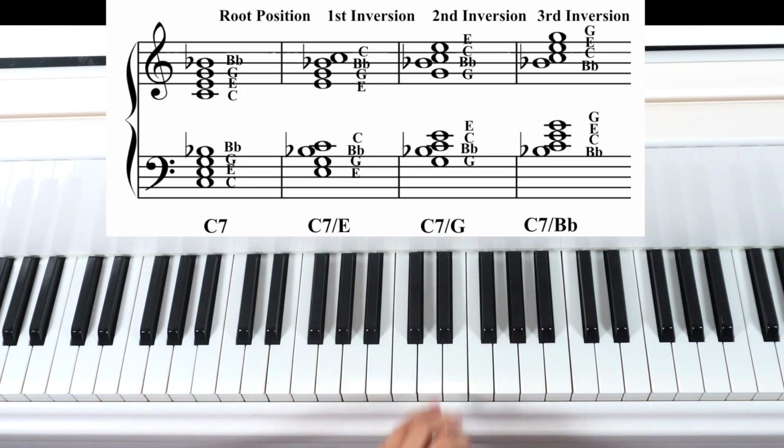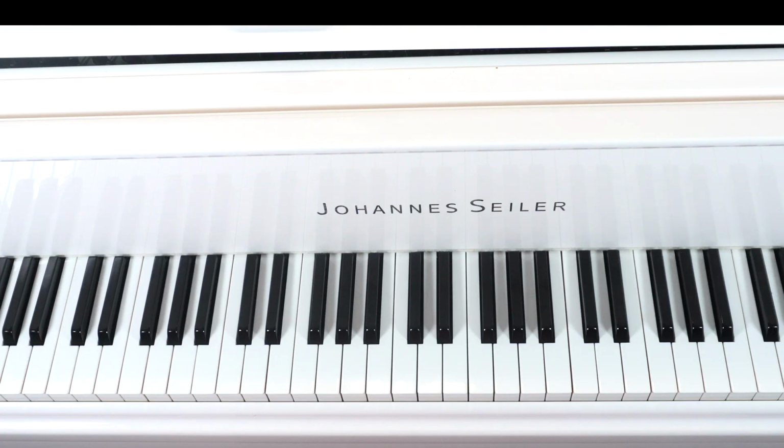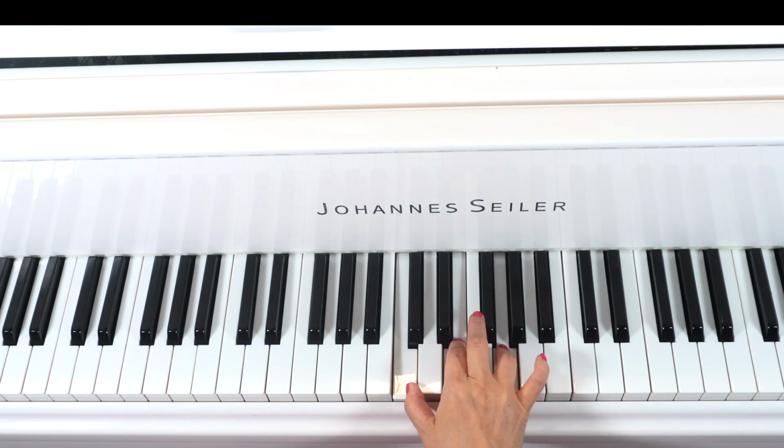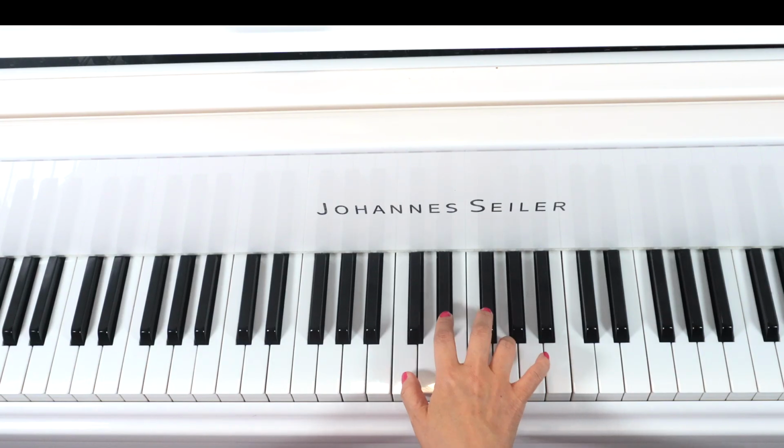Good job. All right, the last seventh that we're going to play is a minor seventh, a C minor seventh. So we know this is a C major chord, right? C, E, G. To make something minor, we lower what? We lower the third. We lower the third by how much? By a half step. So from E to E flat.